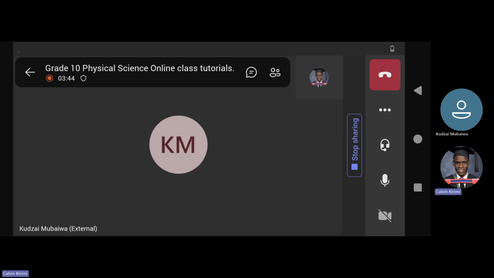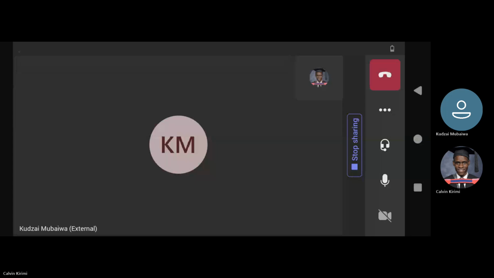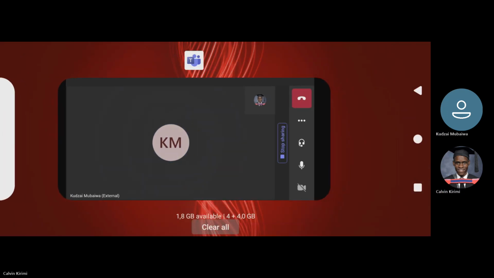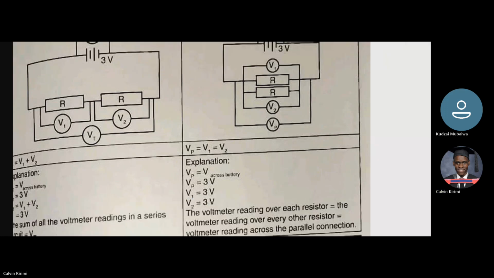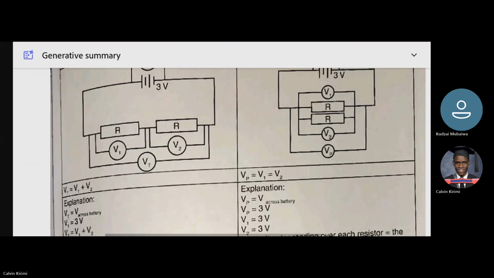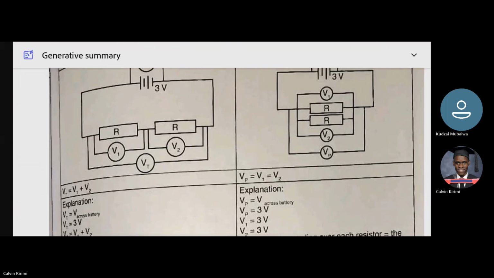It's still showing the initials. Yes, it's now fine. All right, let's see. What are you seeing now? Yes, sir, I'm seeing a red wallpaper. Okay.